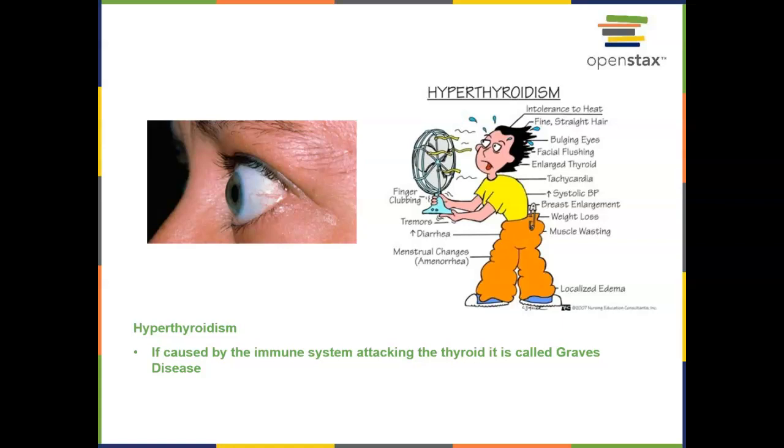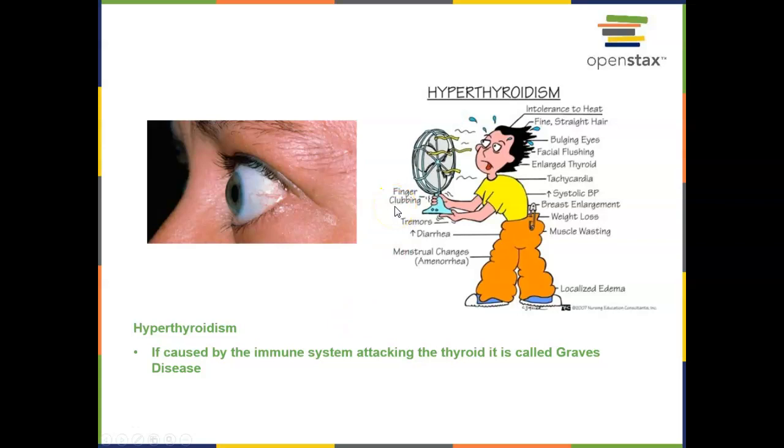And this disorder, if it's associated with your immune system, the treatment is to either remove the thyroid or kill the thyroid. So they use radiation to kill the thyroid, and then the thyroid gland no longer produces its thyroid hormone. In that case, you would then be considered hypothyroid, and you would have to be given thyroid hormones for the rest of your life.